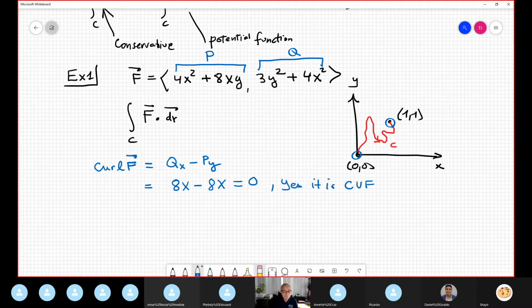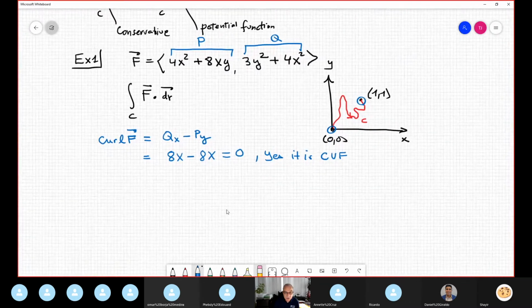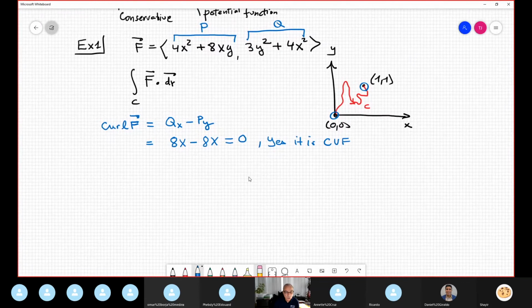So the conclusion is conservative because this vector field comes from a potential function. The way to find the potential function is using the anti-gradient. You take the antiderivative of P dx.